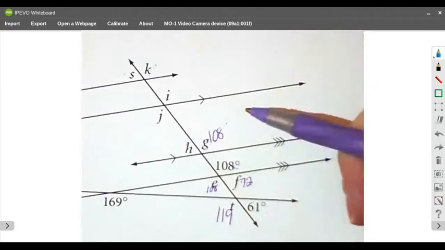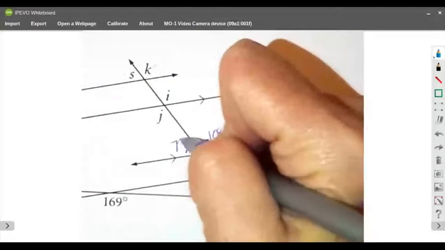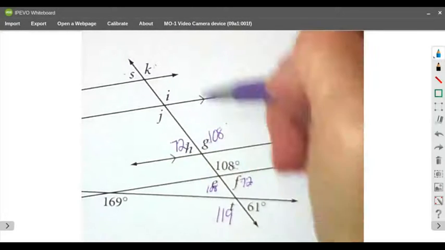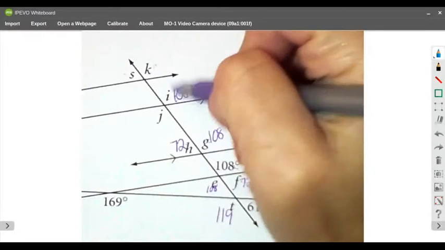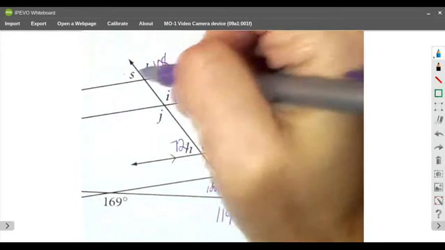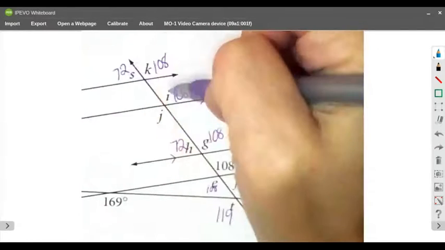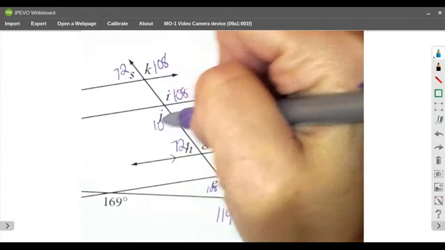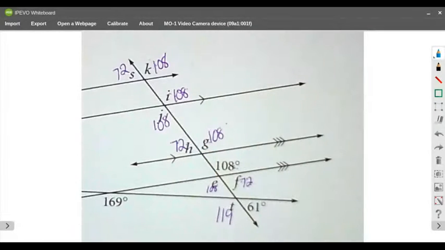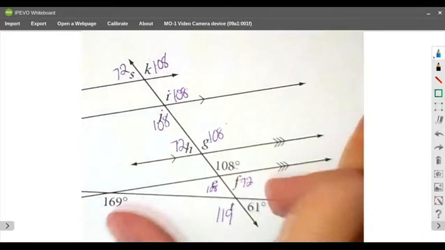G and H are a linear pair. G and I are corresponding. I and K are corresponding. S and K are a linear pair. Let's see, I and J are vertical. That's it. Oh, it wasn't too bad.